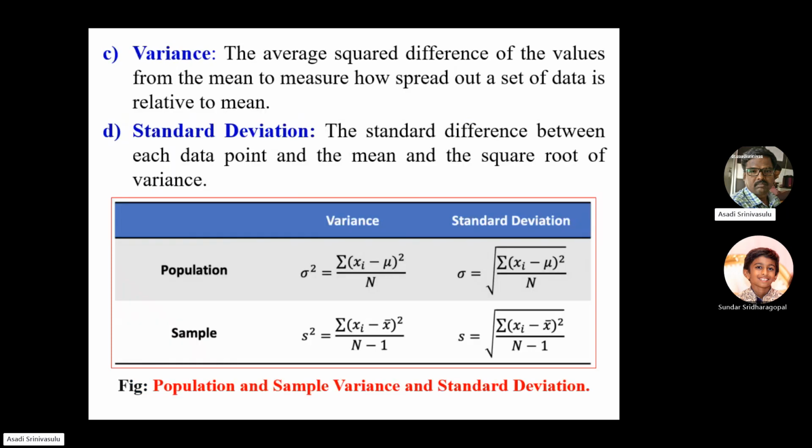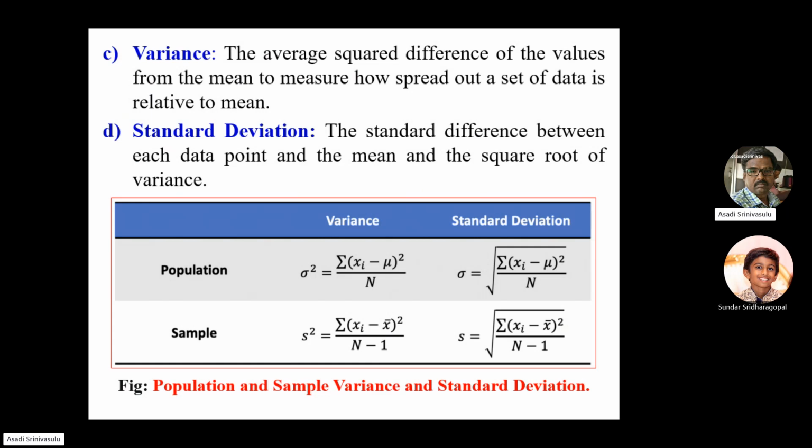Then the variance is the average squared difference of the values from the mean, to measure how spread out a set of data is relative to the mean. The standard deviation is the square root of the variance. For the population variance, sigma square equals sigma of (xi minus mu) whole square divided by n, where n is the total number of data points. For the population standard deviation, sigma equals the square root of sigma of (xi minus mu) whole square by n.